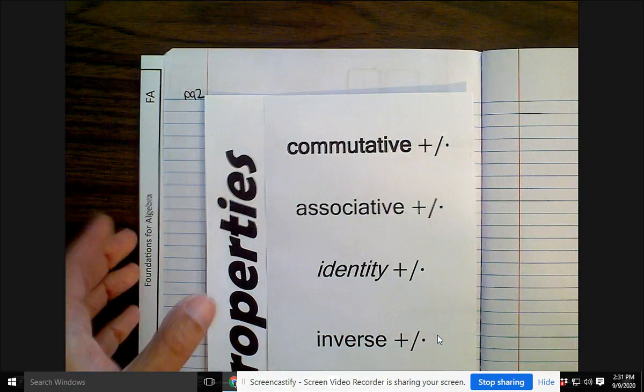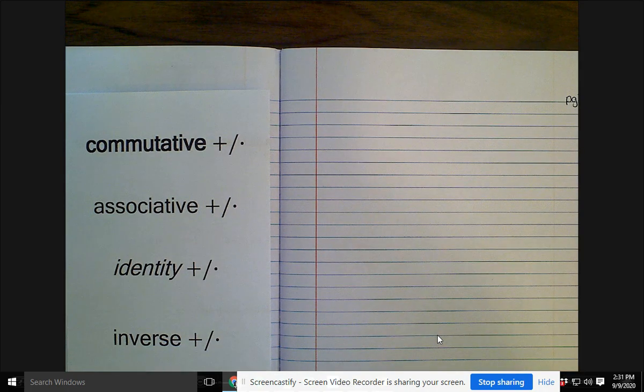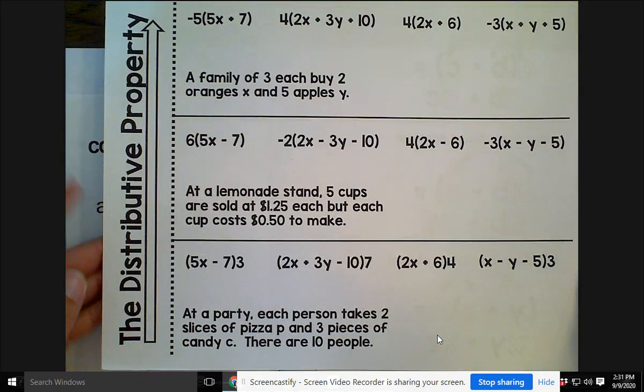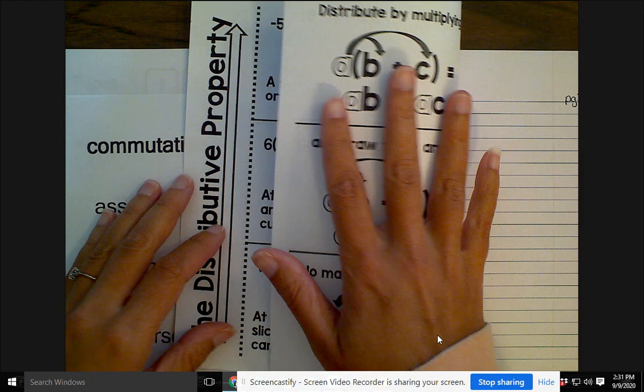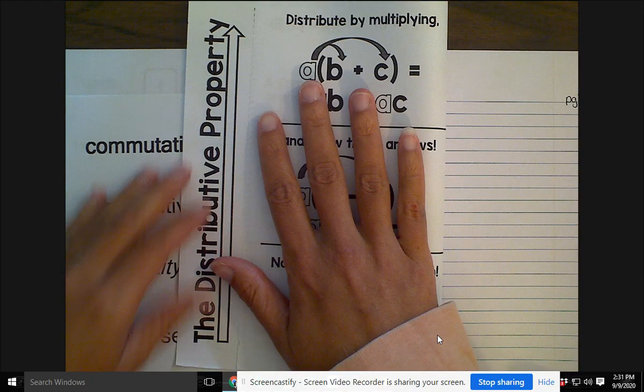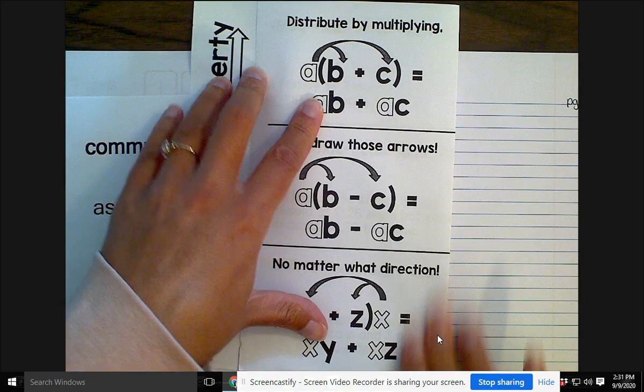Now we can put page 3 in together right now, but we're not going to fill it out yet. This is another one of our properties. So the very next page in your handout or your packet should look like this. It is still a property, but we're not going to talk about this one yet, although you might remember it. And this is also going to be one of those backwards book folds like this.